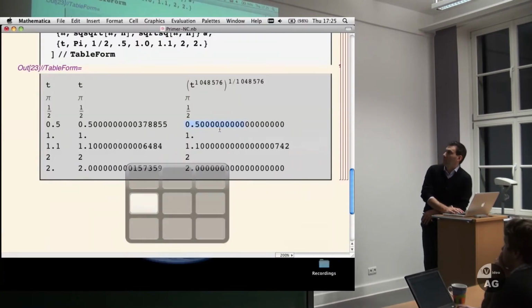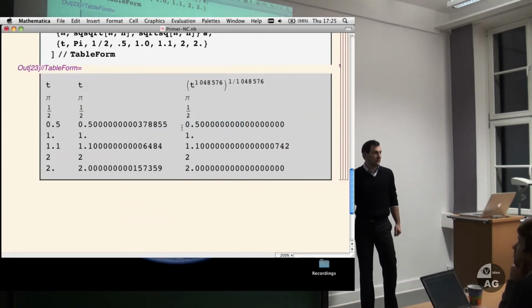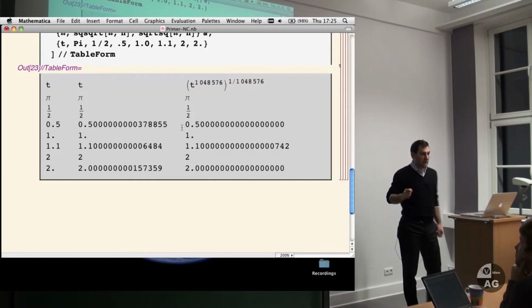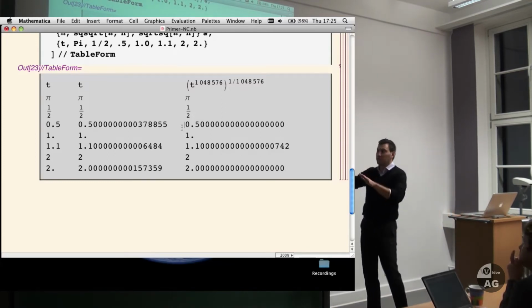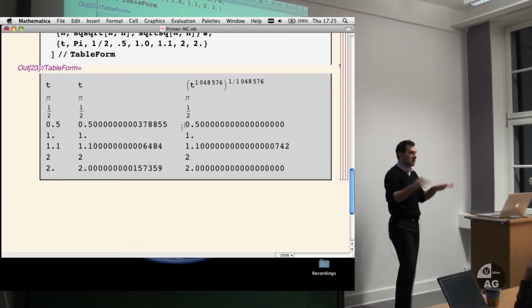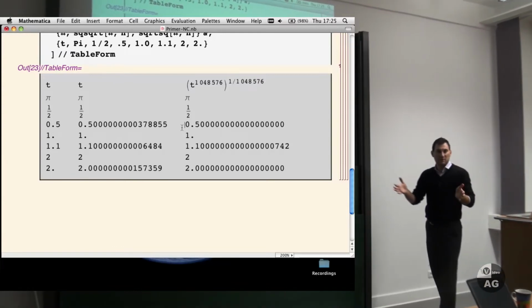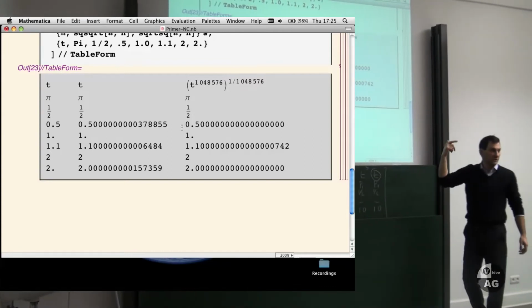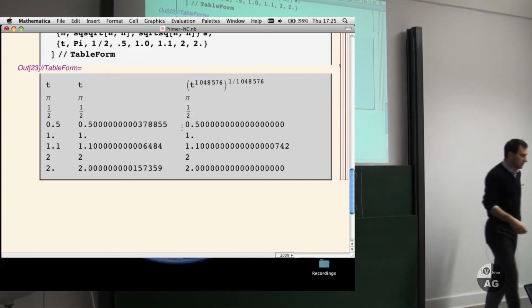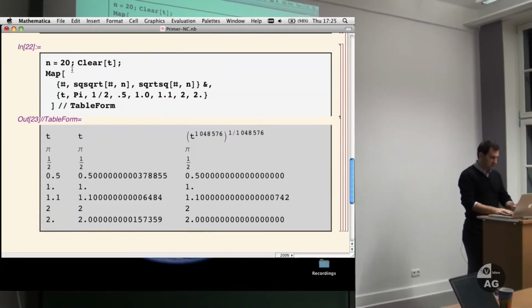So what happens is that Mathematica realizes that it's going in overflow, and at that point switches arithmetic and says, okay, wait a second, before I just give up, because overflow, you see what happens. It returns infinite or 0, so it's basically giving up the computation. Instead of giving up, it switches, changes mode, and that's what we get. It doesn't always work. So let's now move to 30.